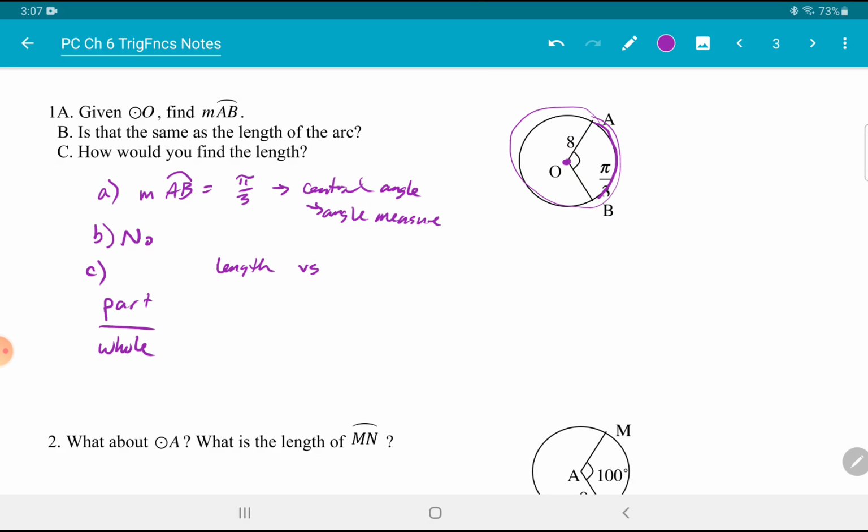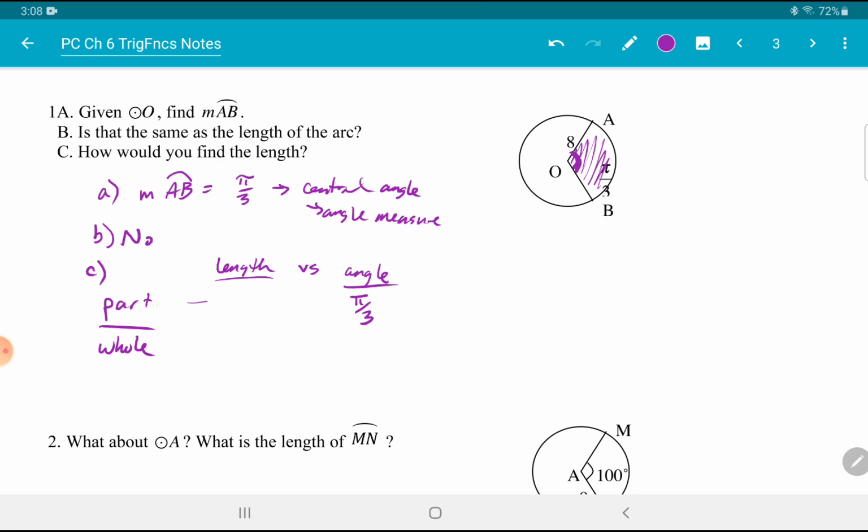But what else do we know? We also know part of the angle that makes up the whole angle of a circle. So we're going to compare the length versus the angle. For this particular circle, the part we know is the angle measure of pi over 3.